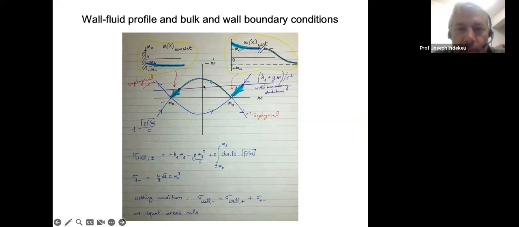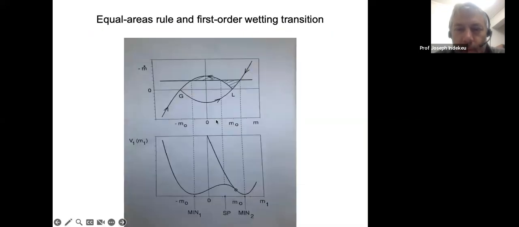But if we bring these two together, then this local maximum will coalesce with this local minimum. Okay, and then this curve will look like this. It will have a saddle point somewhere here, and will look like that. And we'll have only one minimum left.